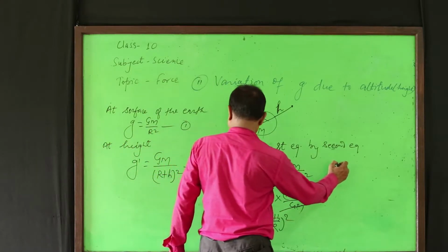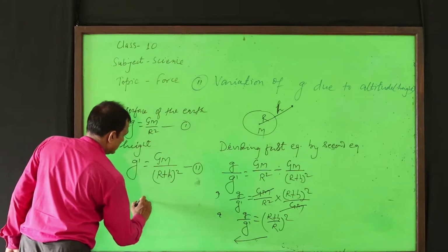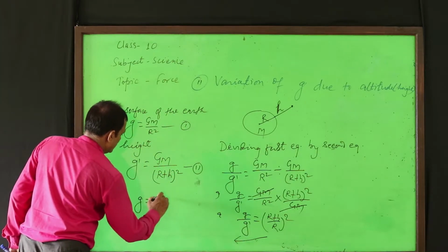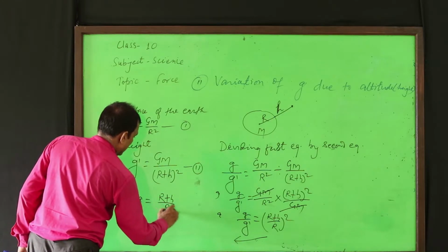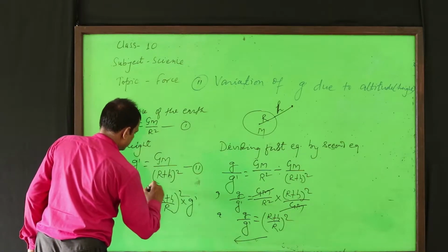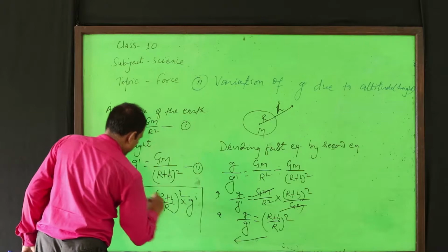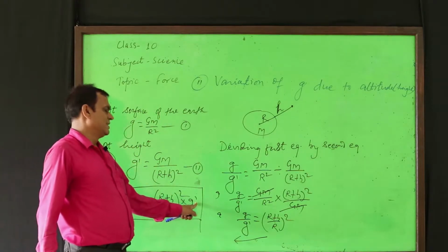Therefore, see here please, after this one, g equal to R plus H by R whole square into g dash. You can use this formula to find this g or this g dash.